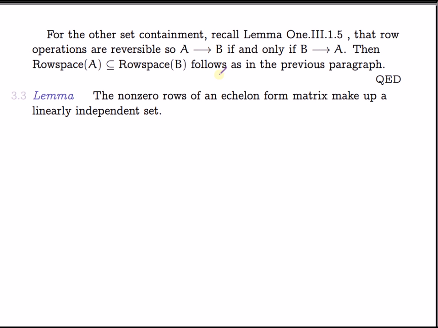Okay. Another important lemma that we'll be using is that the non-zero rows of an echelon matrix make up a linearly independent set. Okay? And this kind of makes sense. If you have an echelon form matrix, you have this stair-step structure.